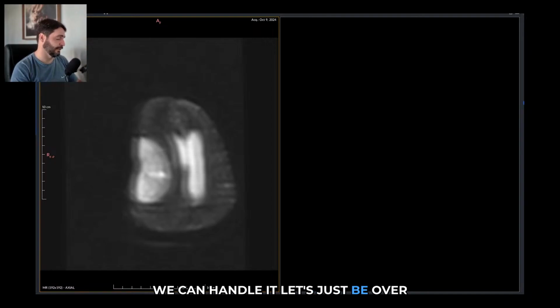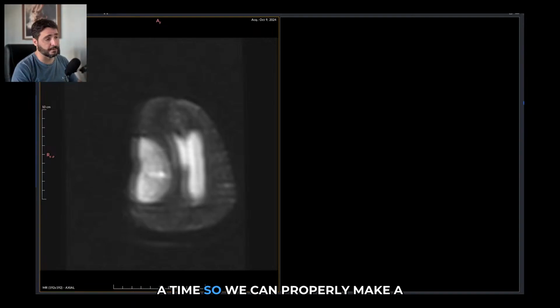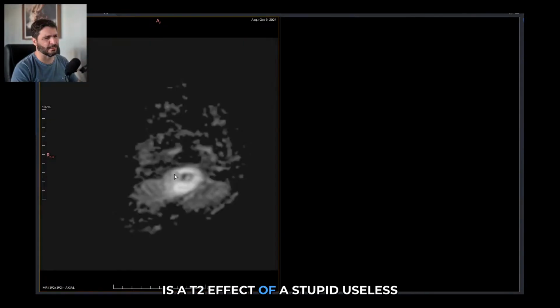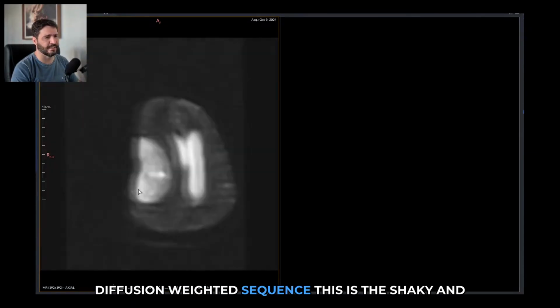Let's just be overly patient and work out each sequence at a time so we can properly make a diagnosis. It's a huge lesion. So this is the T2 effect of a stupid, useless diffusion weighted sequence.